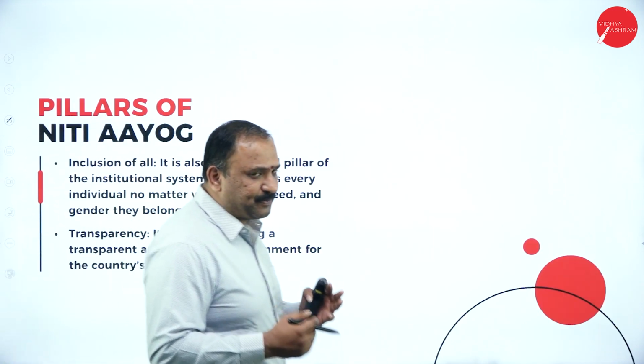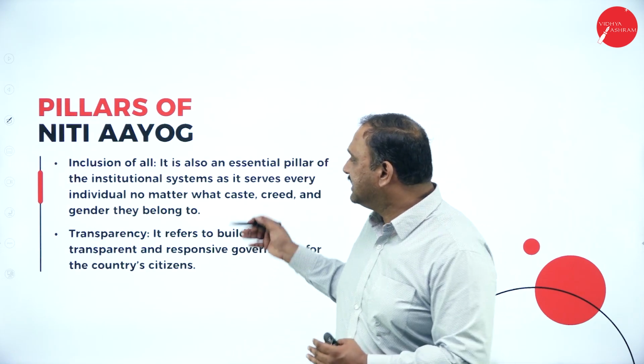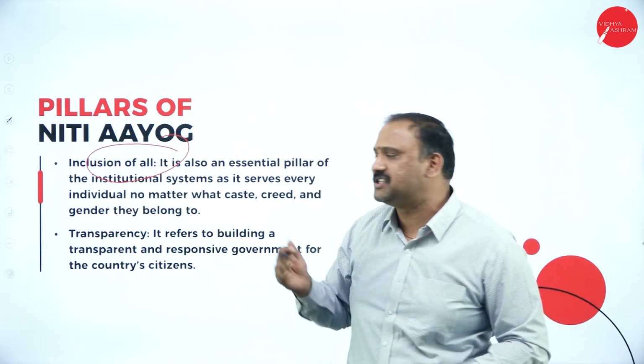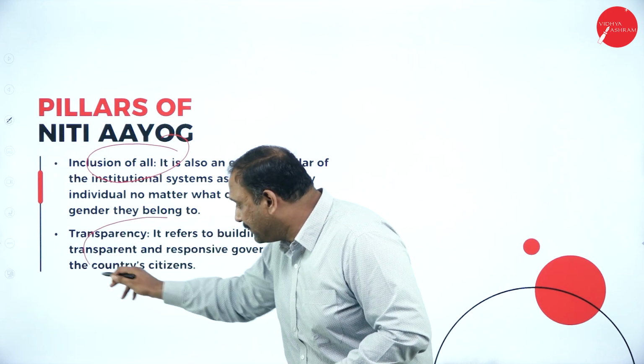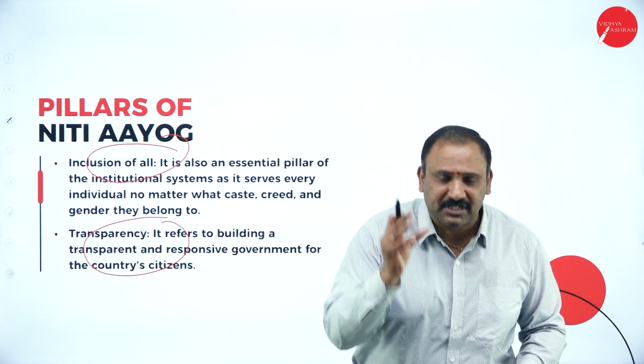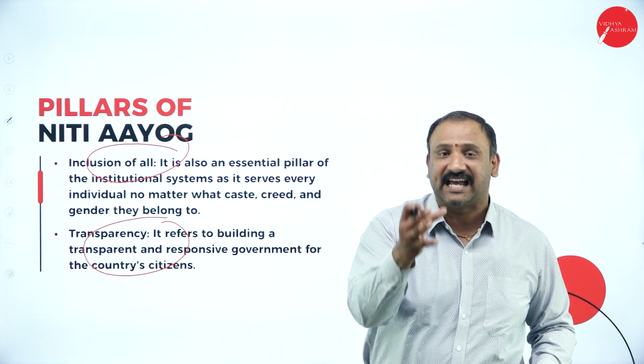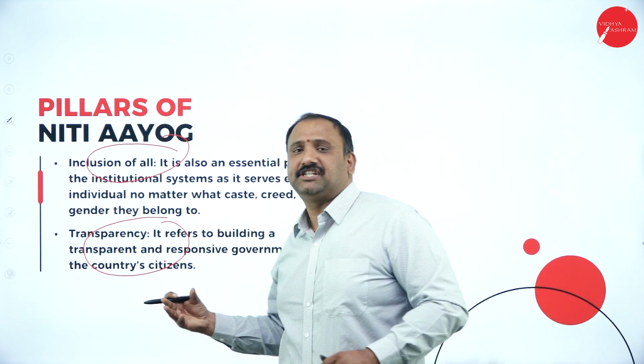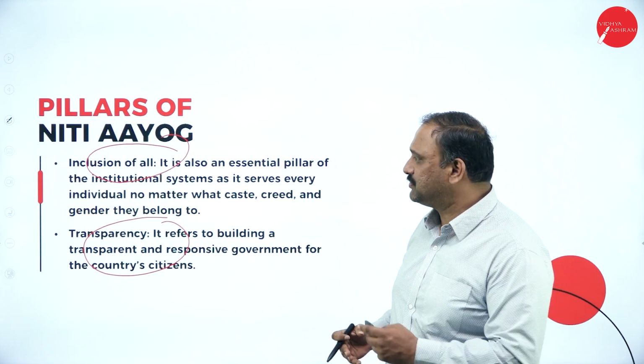Followed by, the next pillar that we are talking about is inclusion. Yes, every institution, every system, every factor has to be included. They need to be transparent and responsible towards the citizens, telling them clearly how the function is going on, what changes they have brought in, and how the system is working.